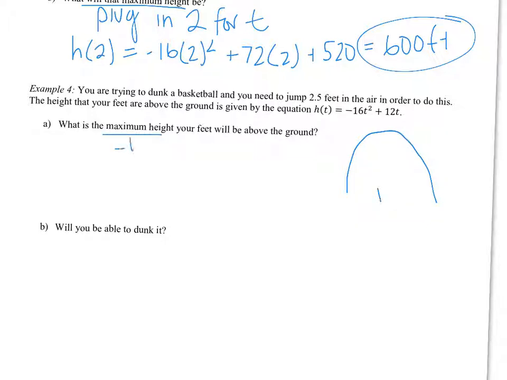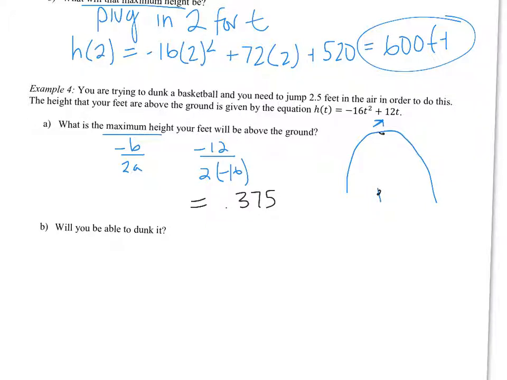So I do opposite b over 2a. Now b is 12. So opposite 12 over 2 times negative 16. When I do that, I get 0.375. So at 0.375 seconds, you reach the maximum height.